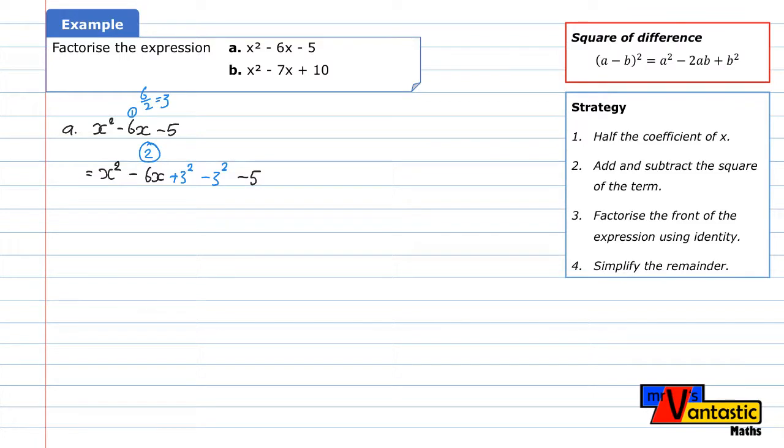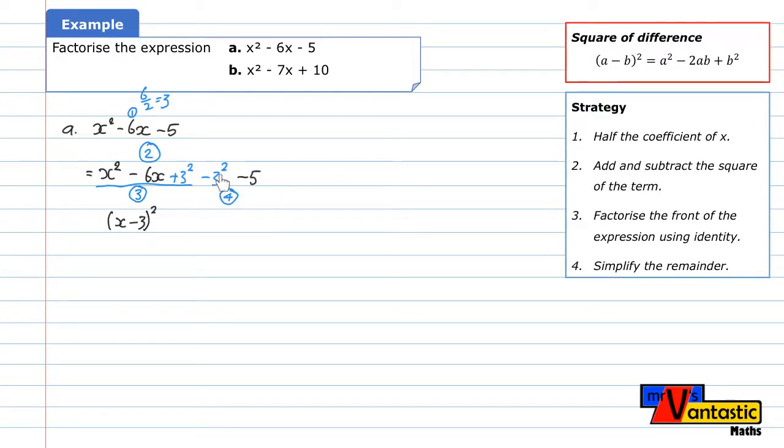So now we're going to look at the first half, and we're going to simplify that using the rule. So x squared minus 6x plus 3 squared simplifies to x minus 3 all squared, that perfect square. And then we just have to simplify the leftover part, the rest.